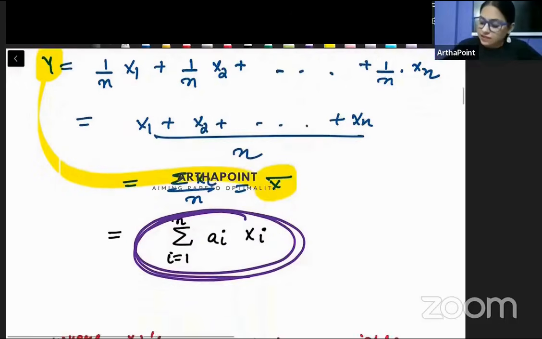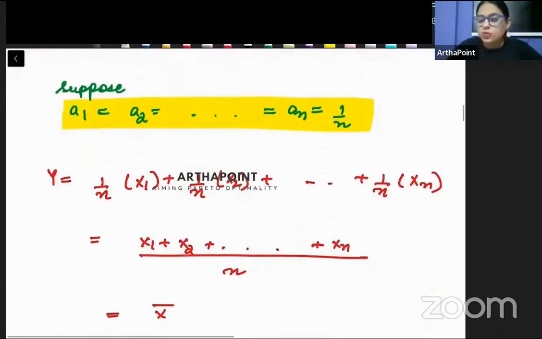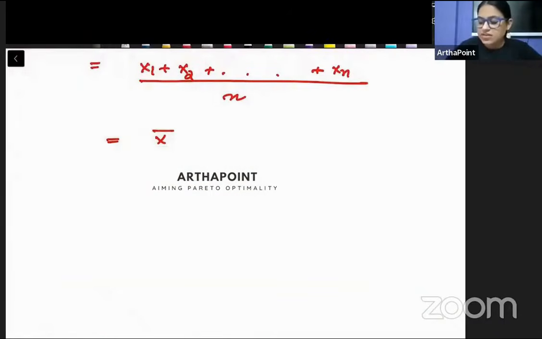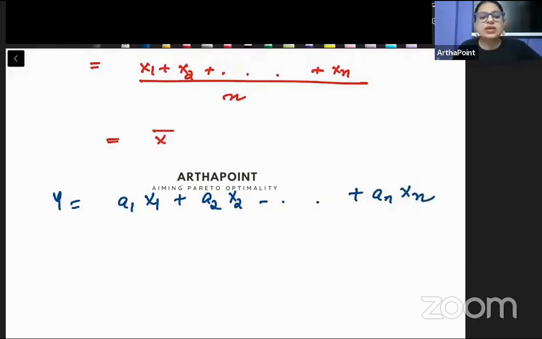राइट बेटा? In very similar fashion, suppose हम ये assume कर लेते हैं, again I take another example. तो हमने लिया कि y is equal to a1x1 plus a2x2 and so on till anxn.